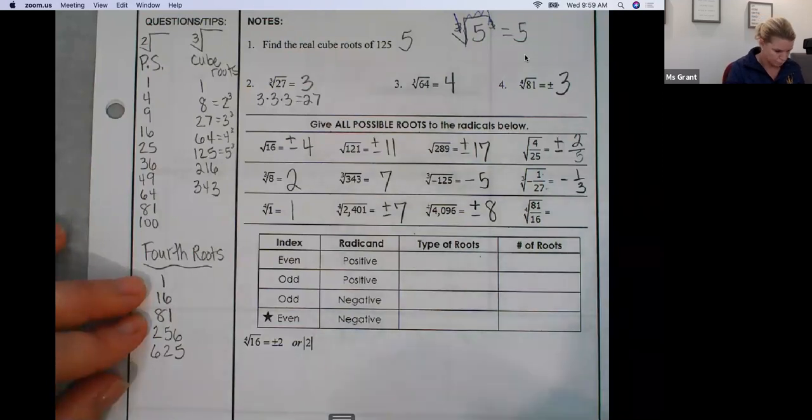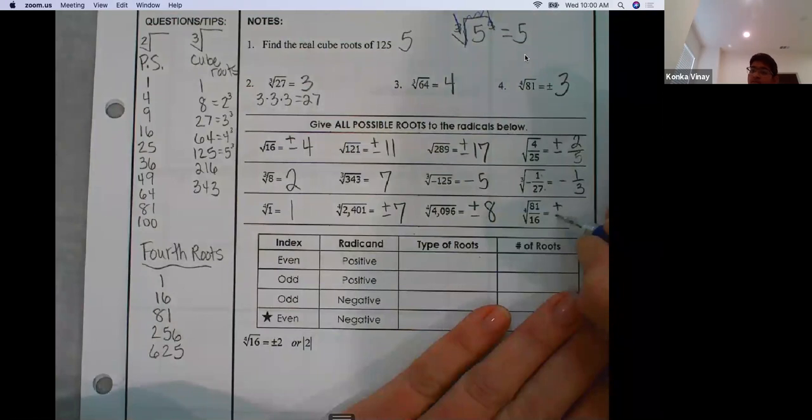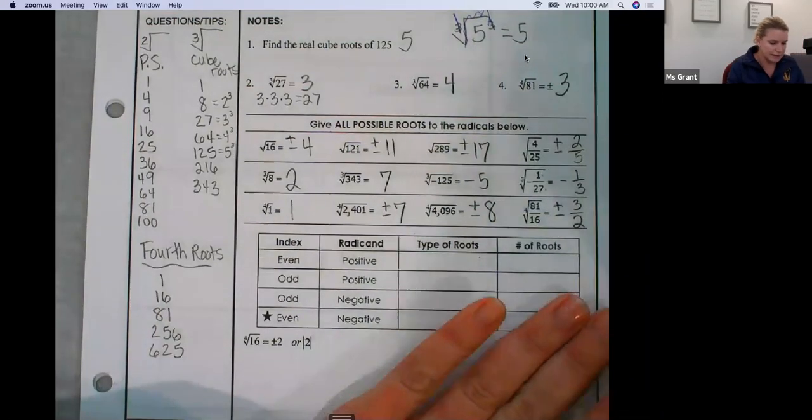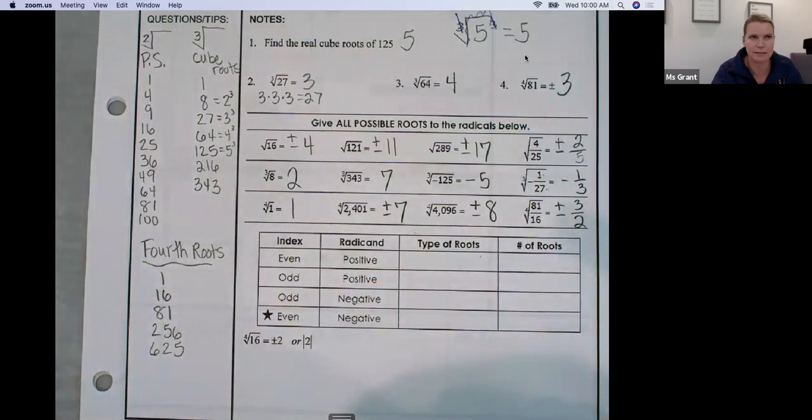Vinay? Is it plus or minus 3 over 2? It sure is. The plus or minus is because I have an even root, and I can do a negative an even amount of times and get a positive answer, right?